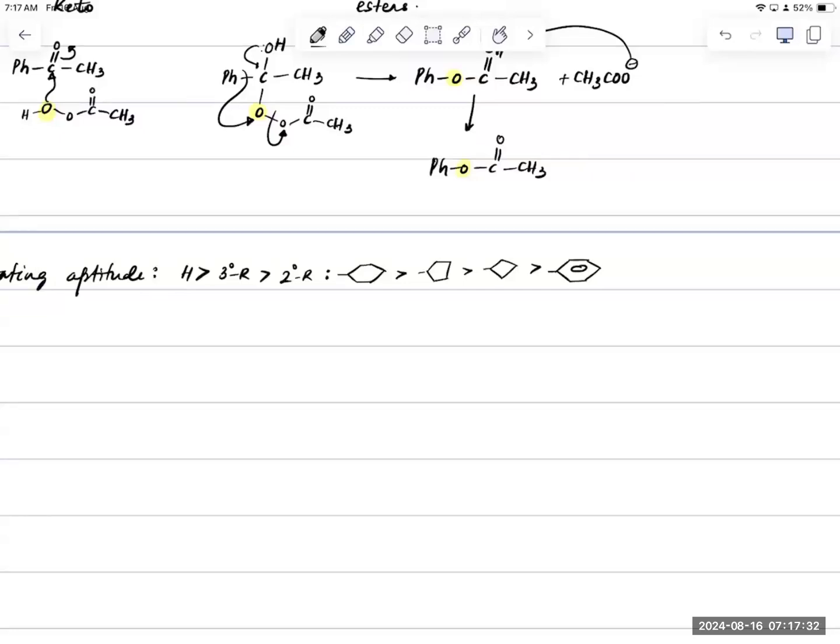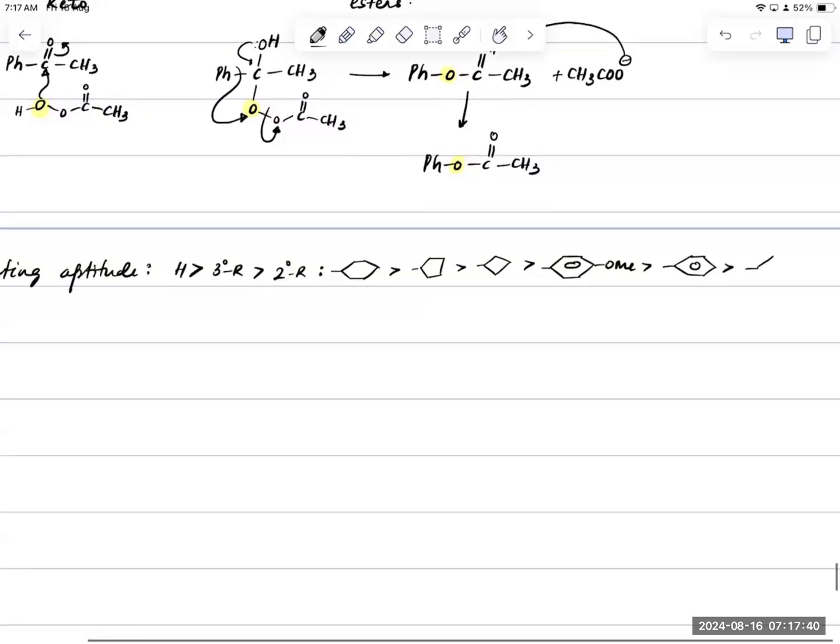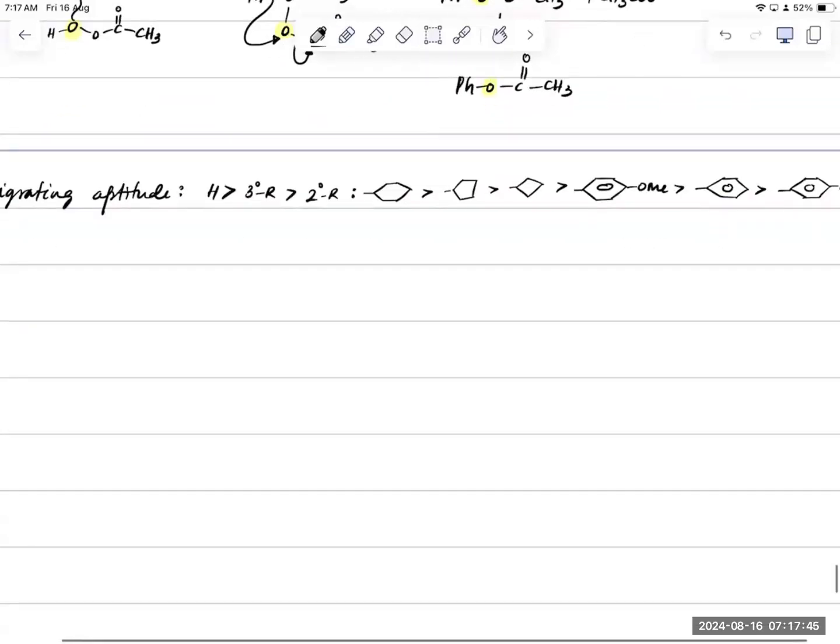So within phenyl, we can have better migrating aptitude with donating groups and only phenyl as compared to nitrophenyl. And then other than that, we have 1 degree R group and CH3 and RC double bond O. Okay. RC double bond O would be the least, if at all it is present.